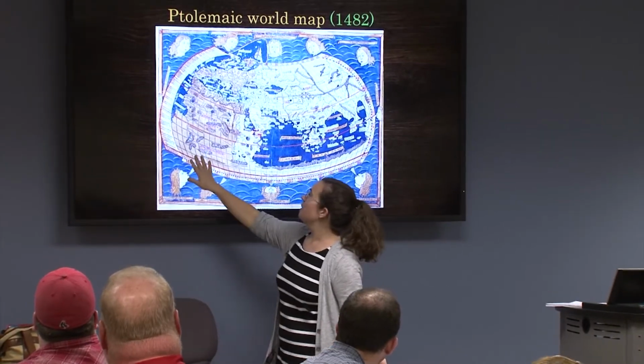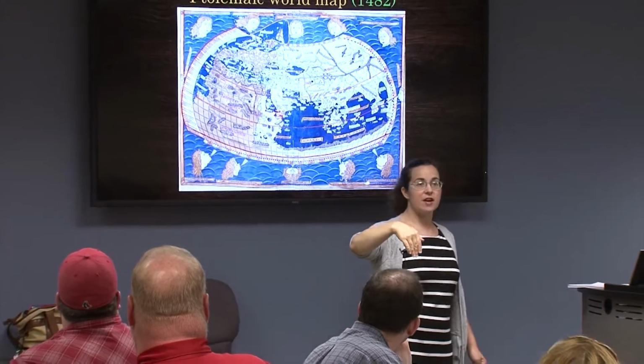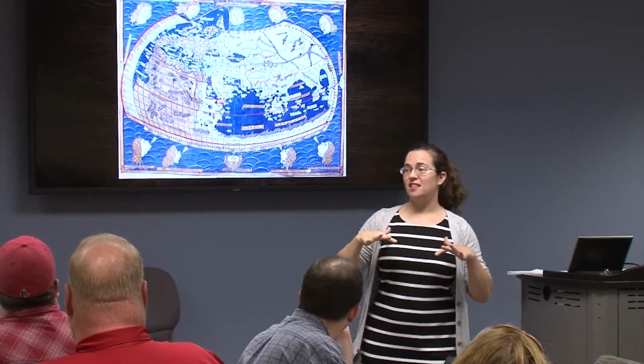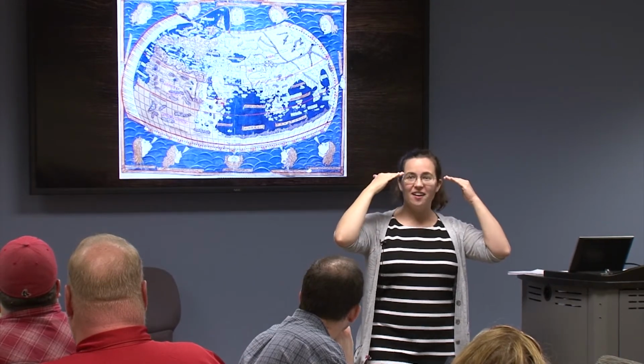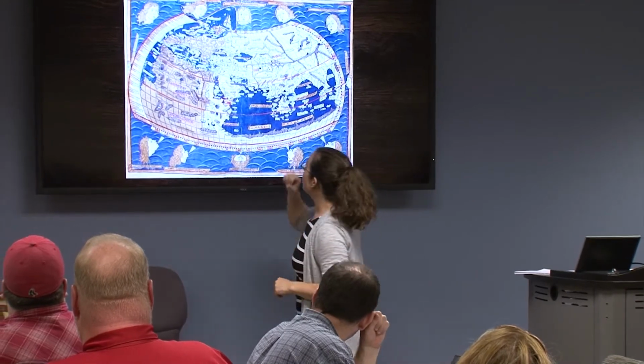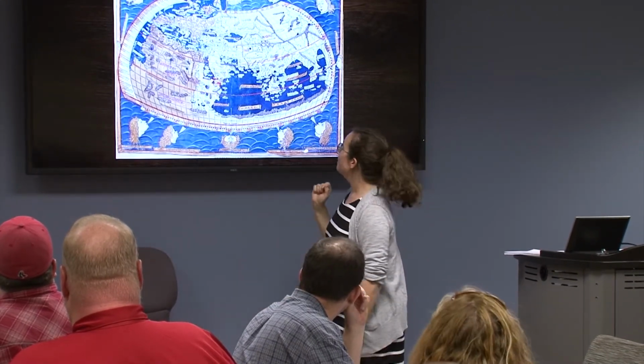Here's Africa. So you can see that colonial powers have already started mapping the coasts of Africa, and that coast and that landscape is starting to get a bit more accurate in their minds. That means they're going there. Europe is fairly accurate. That makes sense because they're all Europeans.